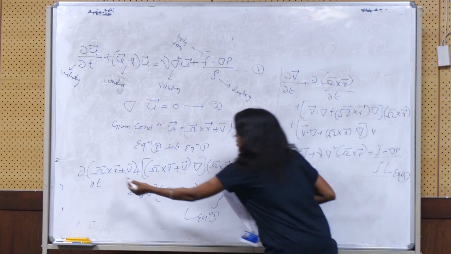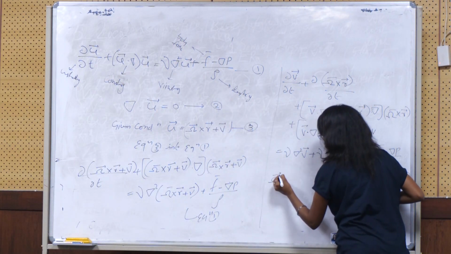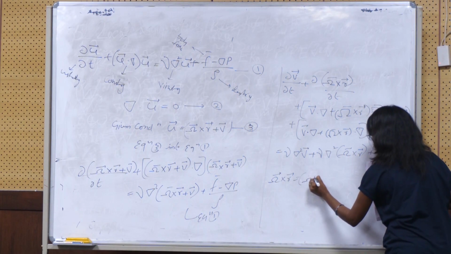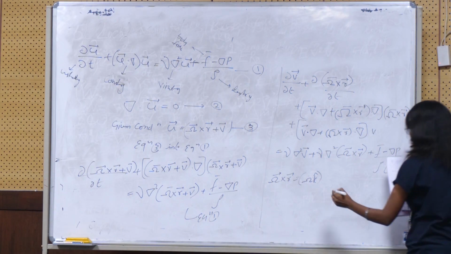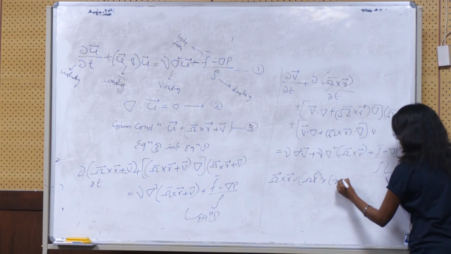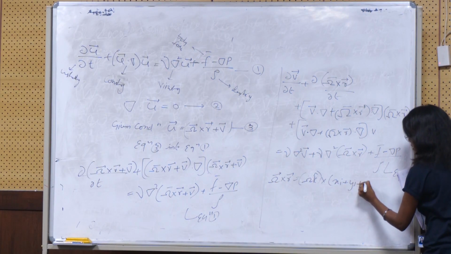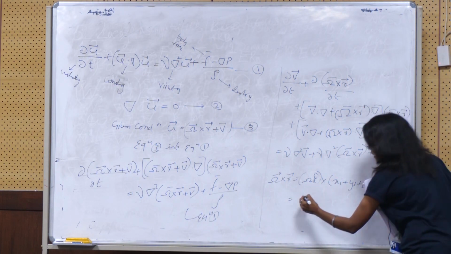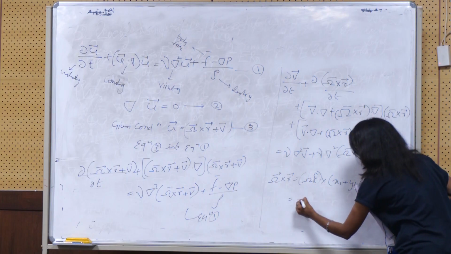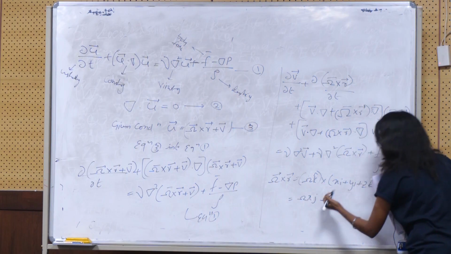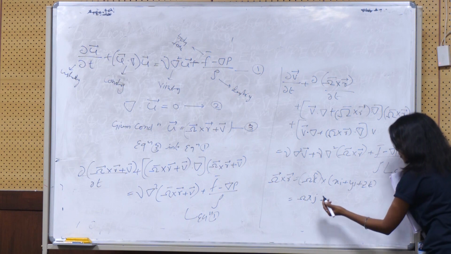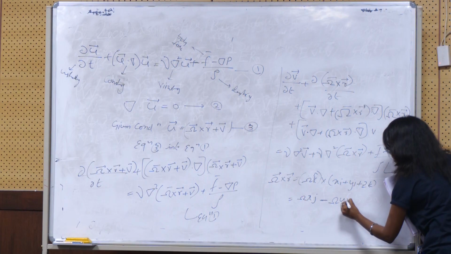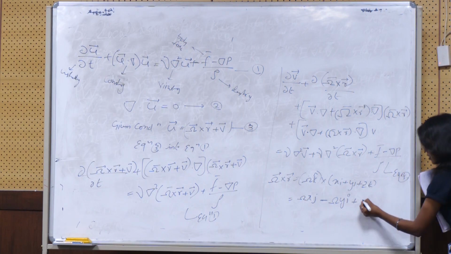Now I am doing the cross product of omega and R bar. This is in the Z direction, that's why I am taking omega k, and R is x i plus y j plus z k. Here i cross j gives k and j cross i gives minus k, the opposite rotation gives minus, and k cross k is 0.